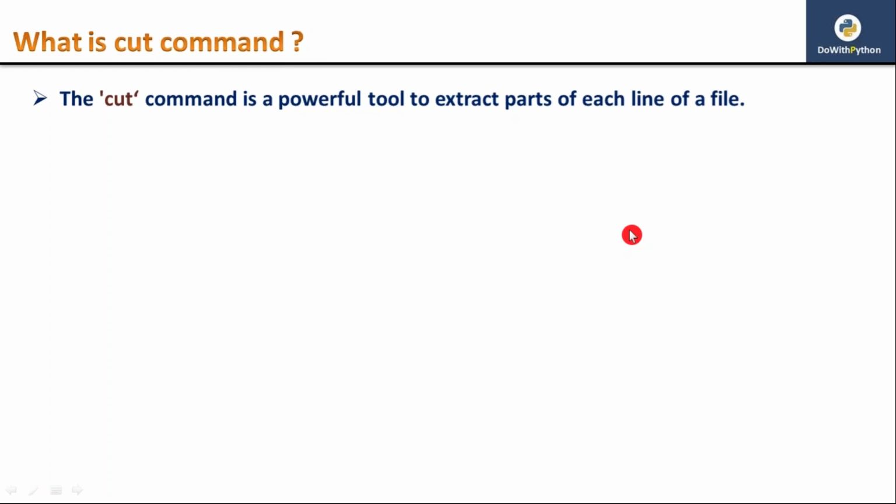In order to extract some part of each row, or each line, in your file, you have to work with the cut command. Remember, whenever you want to get some part of each line, or some part from a given line, simply use the cut command. That's it, cut pieces. That is called slicing of a string.